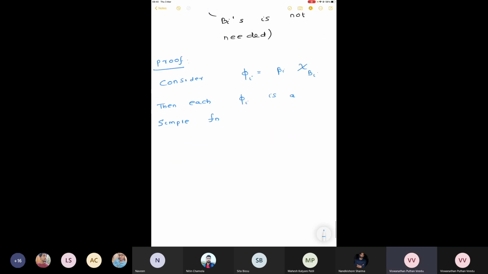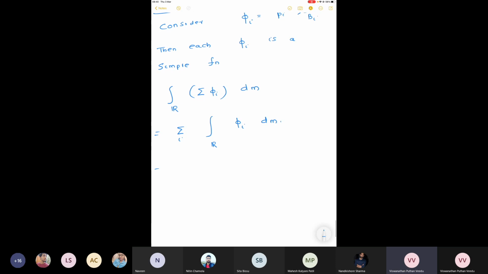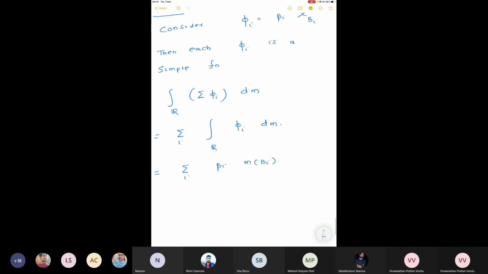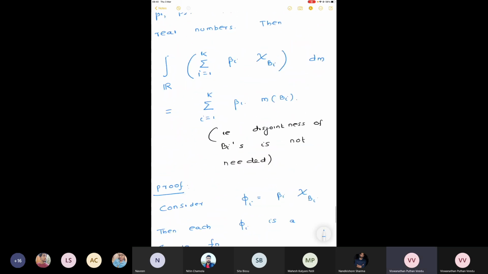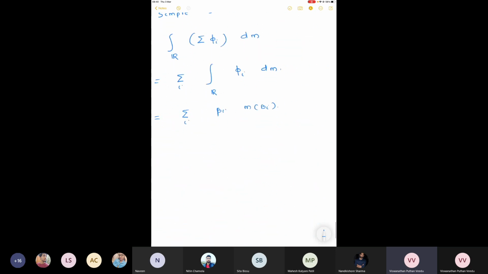Now apply the previous corollary: the integral over R of the summation of phi i dm is equal to the summation over i of the integral over R of phi i dm, and that is equal to the summation over i of beta i times the measure of B_i. I don't have to spend more time on it.